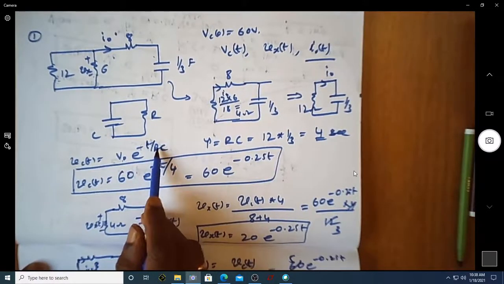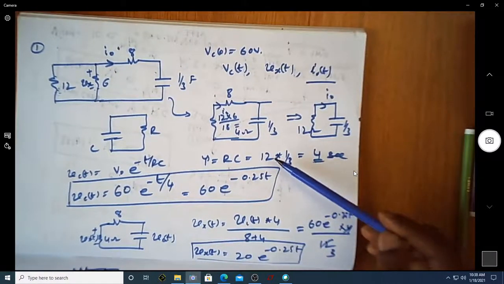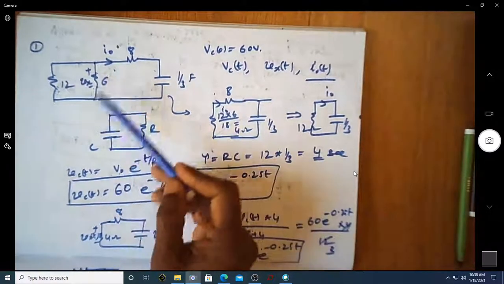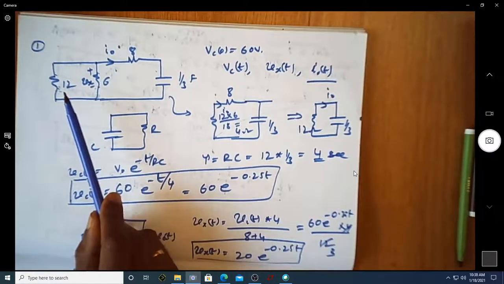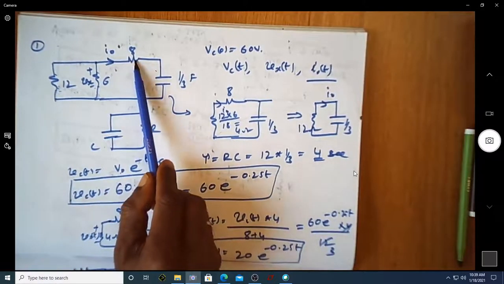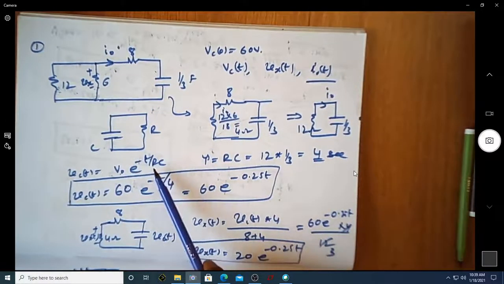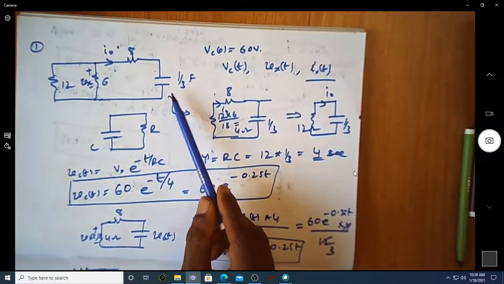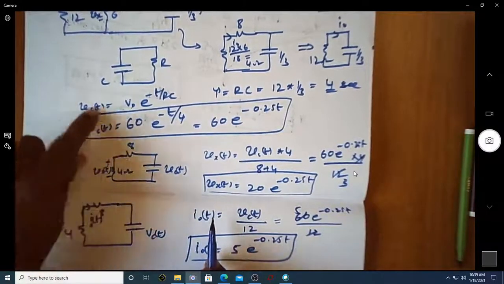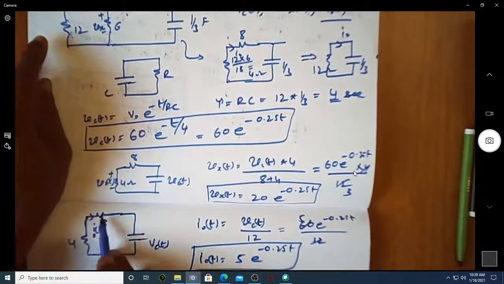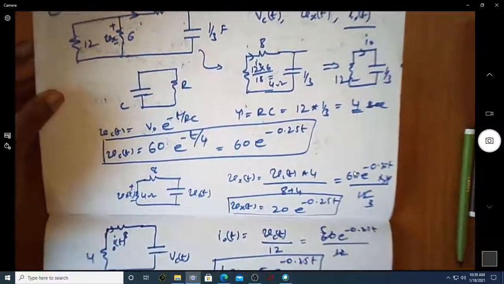To find the value of R, we found the equivalent resistance, which came out to be 12 ohm: the parallel combination of the 6 and 12 ohm resistors, that is 4 ohm, in series with this 8 ohm, which becomes 12 ohm, and that 12 is the value of R. Of course we have been given the value of C. So we end up with the expression for the voltage across the capacitor, the voltage across the 6 ohm resistor, and the current through the 8 ohm resistor, which is the overall current in the circuit.